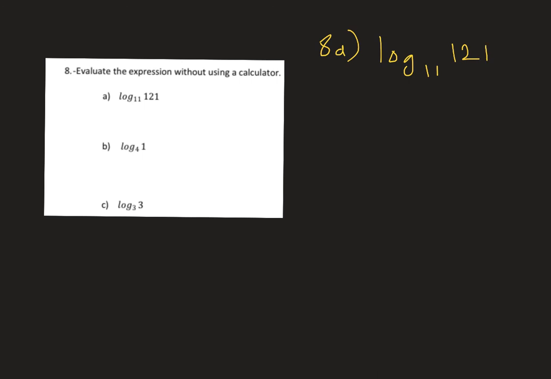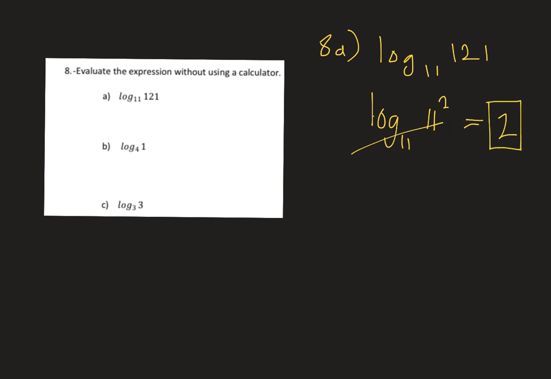Now, I can rewrite that 121 as 11 squared. And then whenever you have a logarithm with a base and then the same expression with a base to an exponent, those cancel each other out. So log base 11, 11 squared, the 11s and the logs cancel out and we are just left with 2.